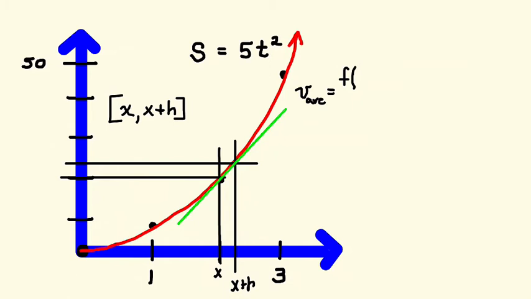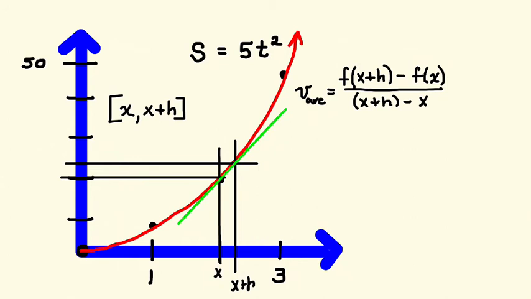So we have f of x plus h minus f of x, and that's just f of b minus f of a, over b minus a, and of course b is x plus h, so over x plus h minus x. That's the same formula that we used earlier for the average velocity, right?